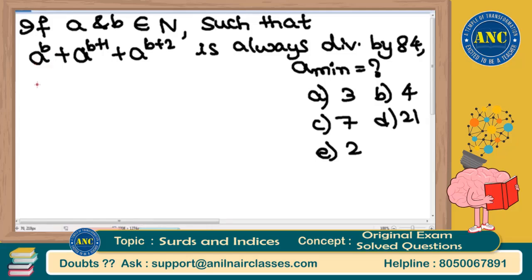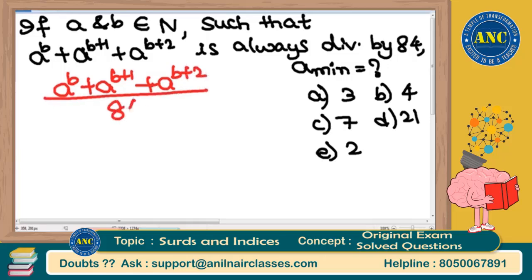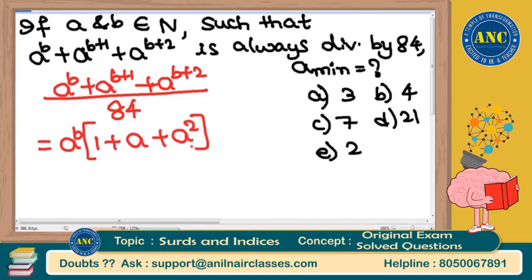Now see here, the expression is definitely divisible by 84 for some value of A. If I take A power B common, it becomes 1 plus A plus A square, divided by 84, right? Now think logically, sir.